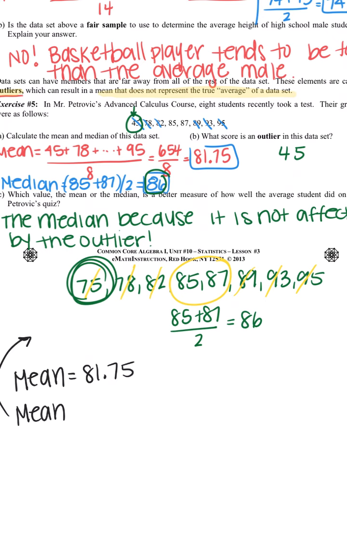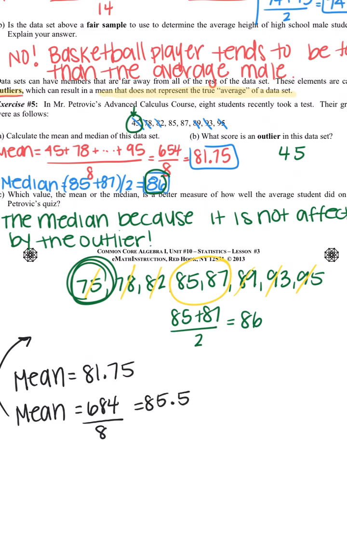Why is that not working? 82 plus 85 plus 87 plus 89 plus 93 plus 95. I get 684 divided by the 8 scores that there were, and you get an 85.5.